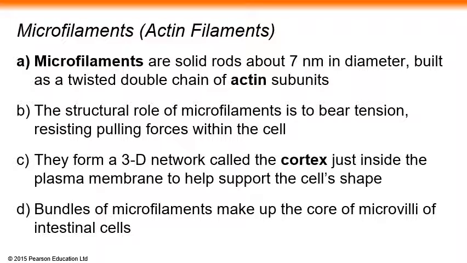They form a three-dimensional network called the cortex just inside the plasma membrane to help support the cell shape. And bundles of microfilaments make up the core of microvilli of intestinal cells.